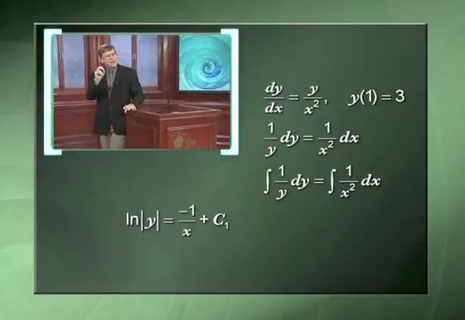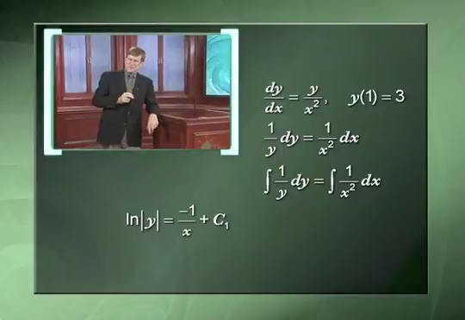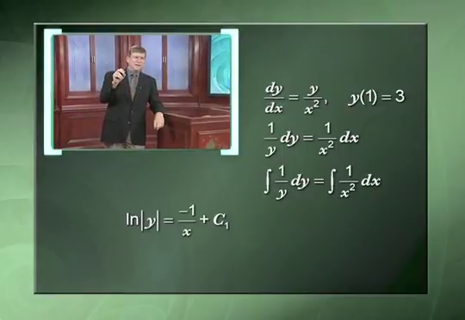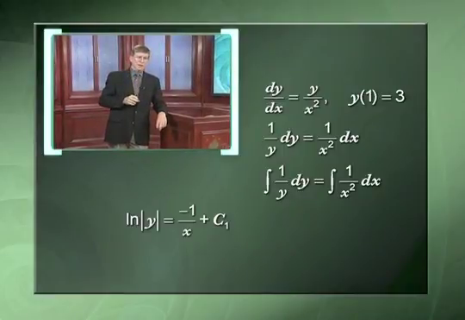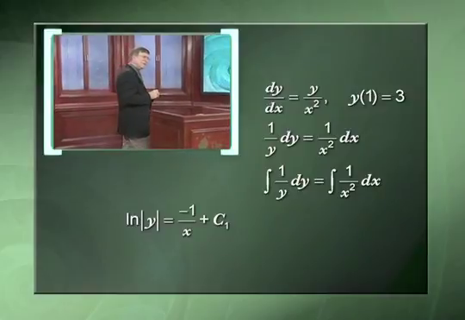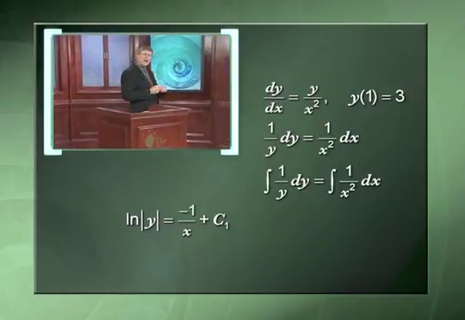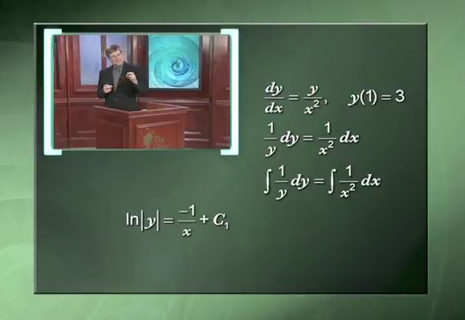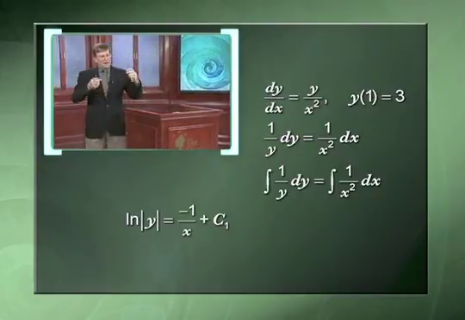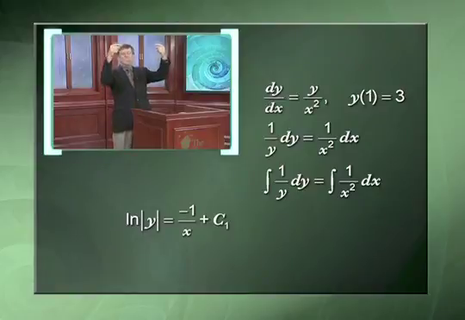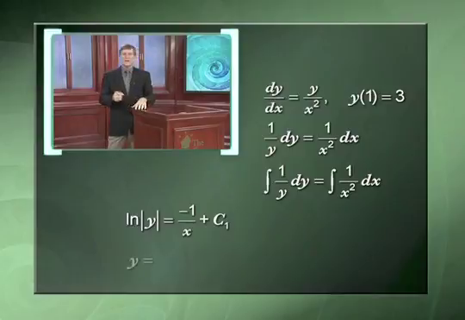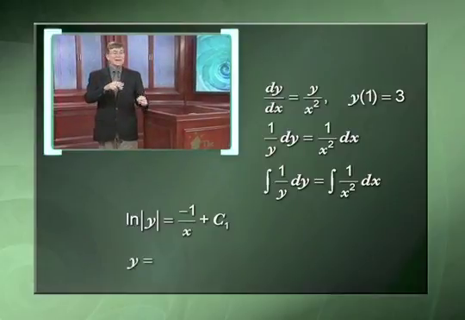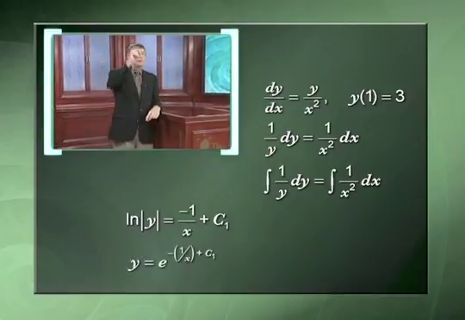Okay, so I sort of have a solution. Log of the absolute value of y is minus 1 over x plus c1. Well, can we get y all by itself? Let's see if we can. Well, if I know the log of y, I could take e to both sides, and then the log and the e would cancel, so the left side would become just y, and the right side would be e to that power.